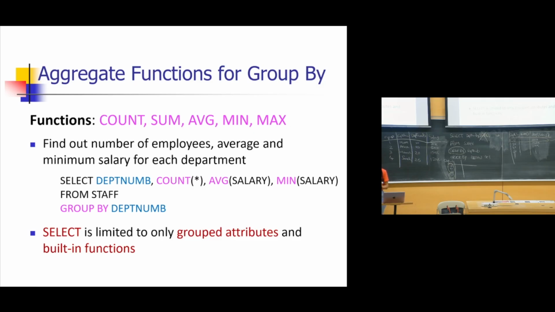Because you group by the department number and the staff ID, so why should you do that? Because then it doesn't make sense. If you group by the department number and staff ID, then it's the original table, right?